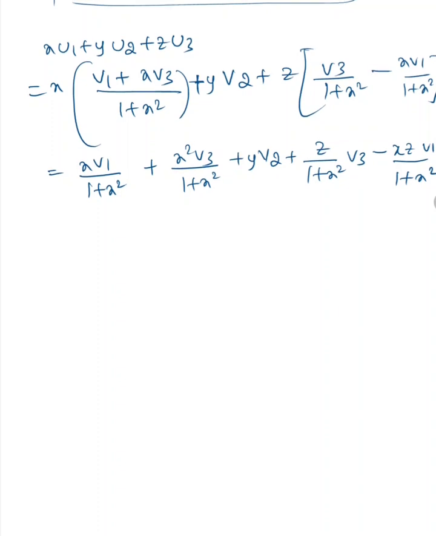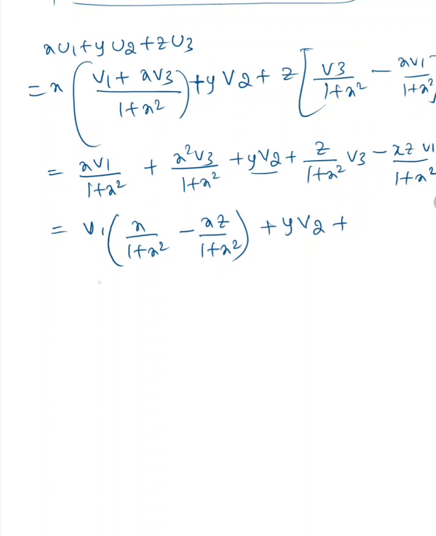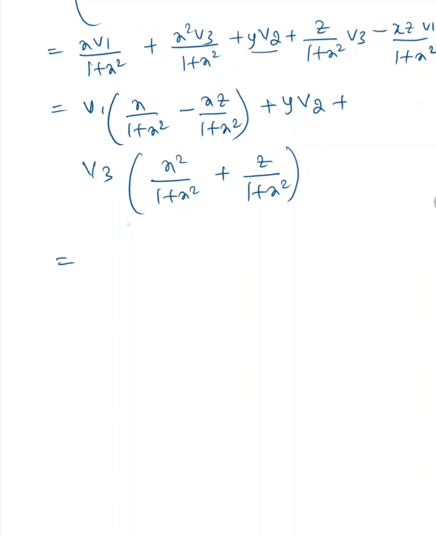Taking v1, v2 and v3 separately, this is v1 times x by 1 plus x square minus xz by 1 plus x square, plus y v2, plus v3 times x square by 1 plus x square plus z by 1 plus x square. So this is equal to x by 1 plus x square into 1 minus z times v1 plus y v2 plus x square plus z by 1 plus x square times v3.